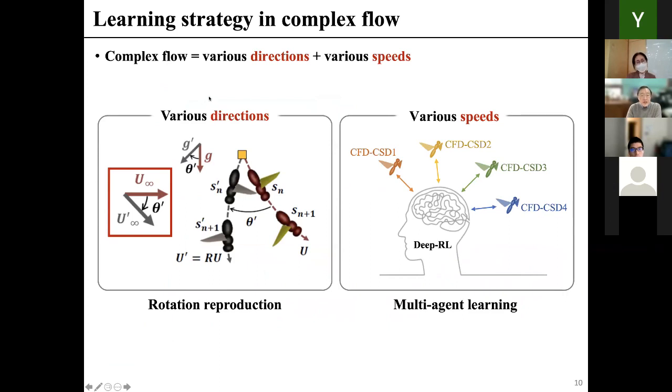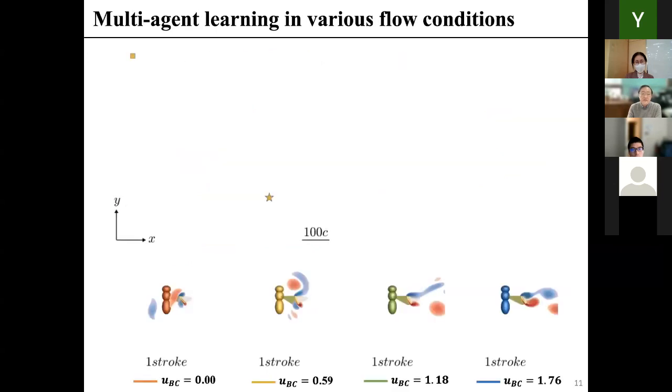The extension of this study is now considering the ambient fluid as a moving fluid. So we want to consider a more realistic situation. For that, in addition to the data reproduction technique, we also consider multi-agent learning, which means we conduct multiple CFD and CSD simulations all together and then train the algorithm considering the other simulation results at the same time for the same stroke sequence.